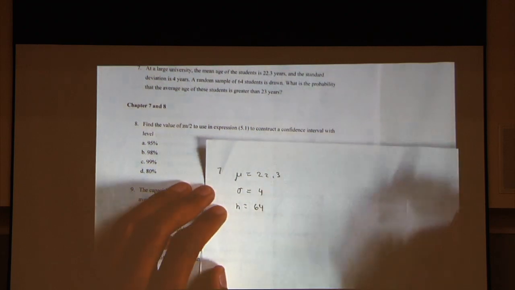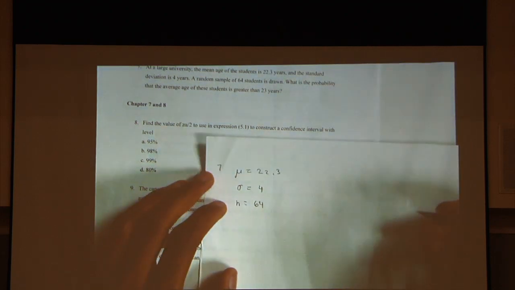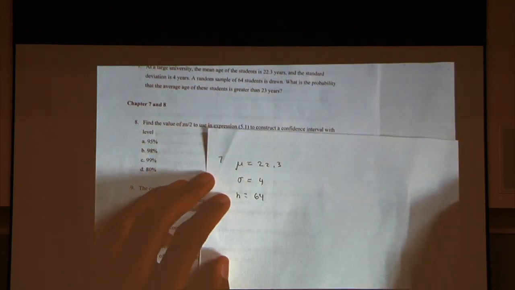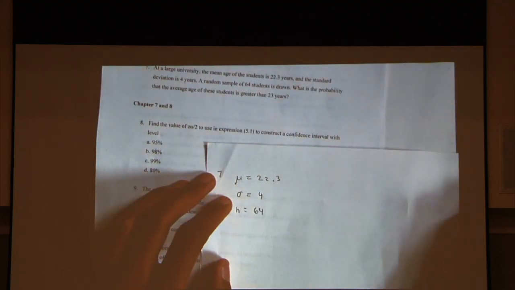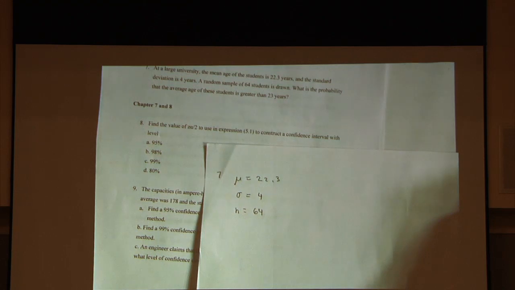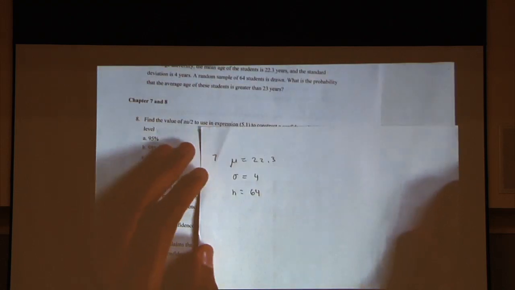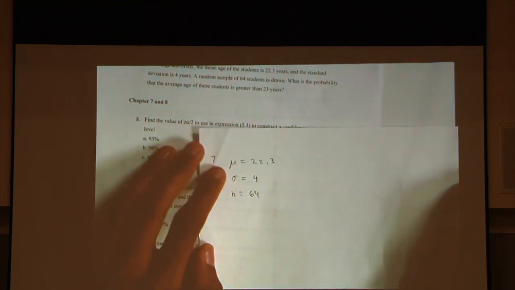So we know the population mean of 22. We know the standard deviation of 4. And we know the sample size, 64. Now they want the probability that the average age is greater than 23. Right? So how do you interpret that?